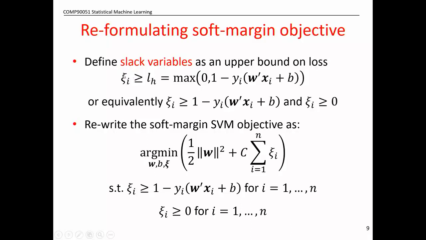And we kind of want to store the value in these Greek symbols, which are spelled xi and pronounced xi. And we can do this equivalently by introducing 2 constraints. So we're introducing this new variable that, like W and B, the optimization needs to choose. And we also need to introduce some constraints involving it. And we also need to introduce it to the objective function.